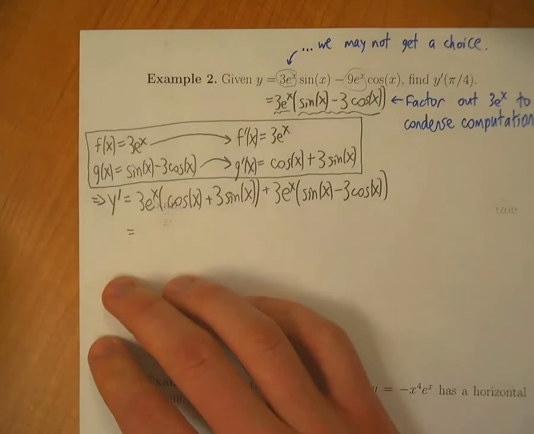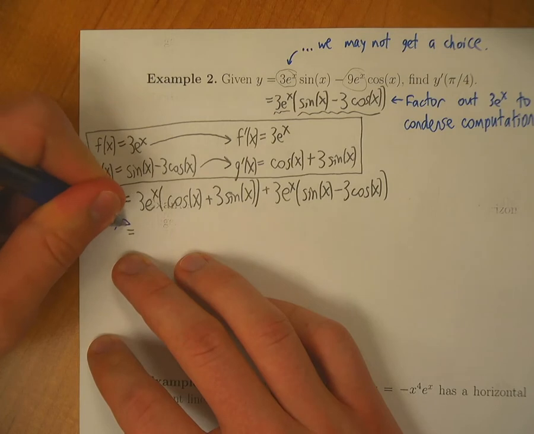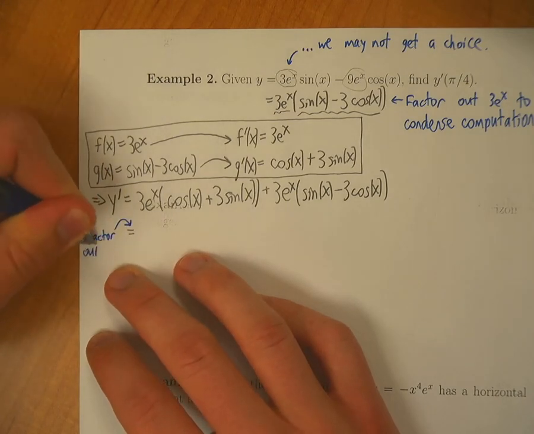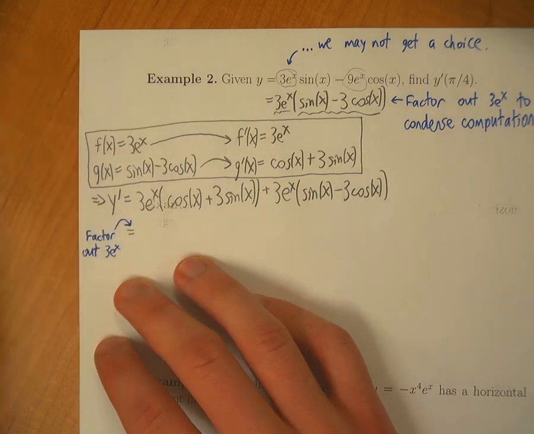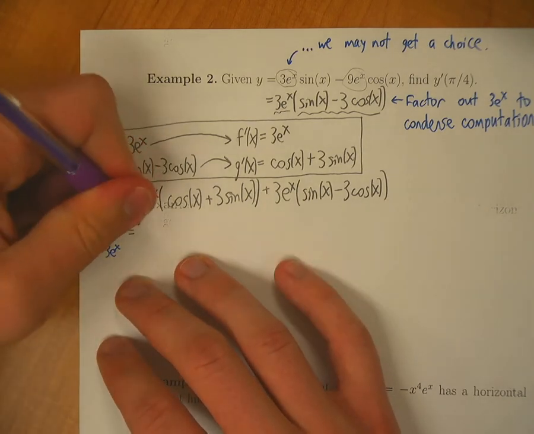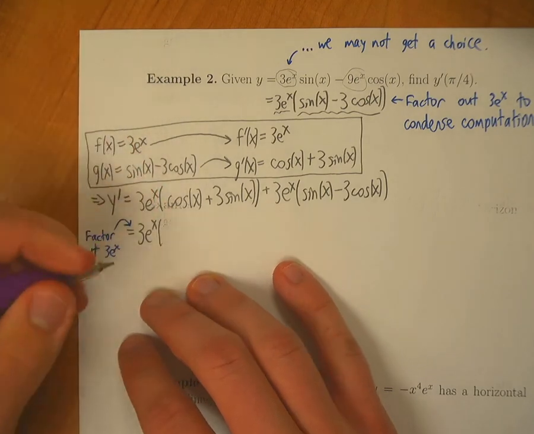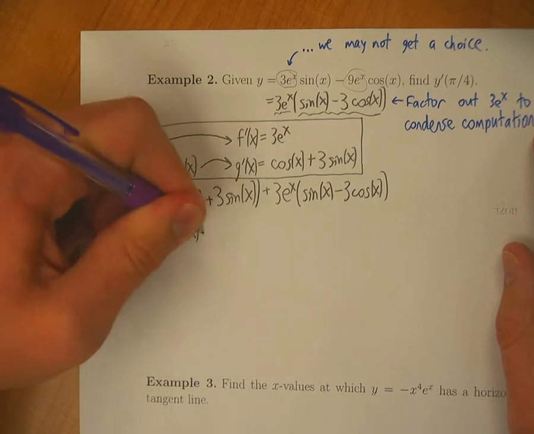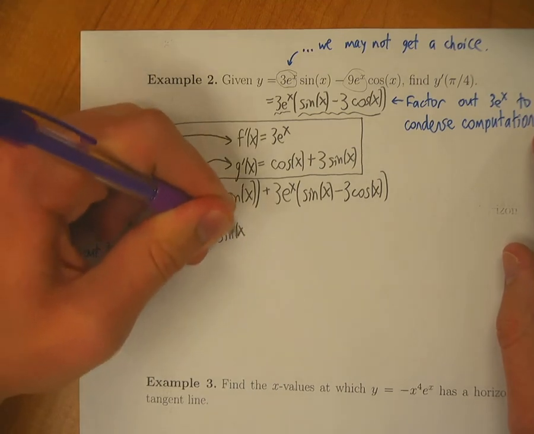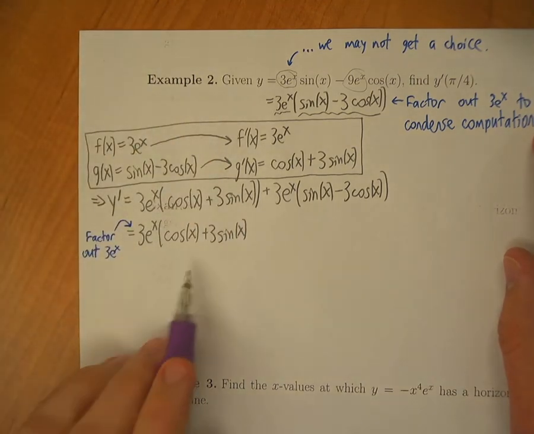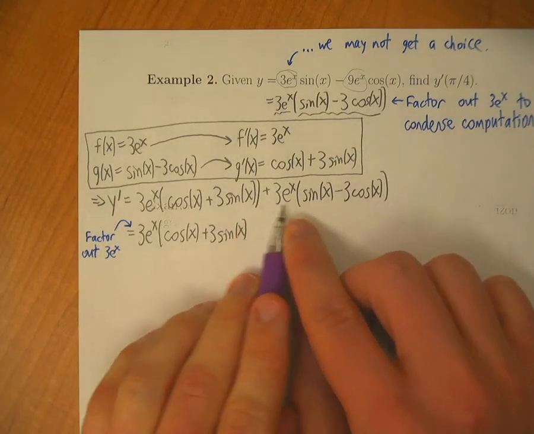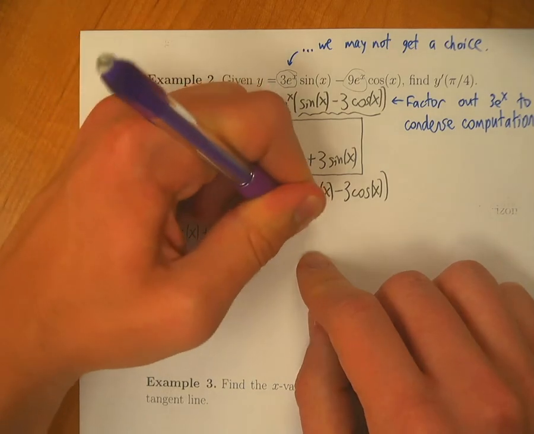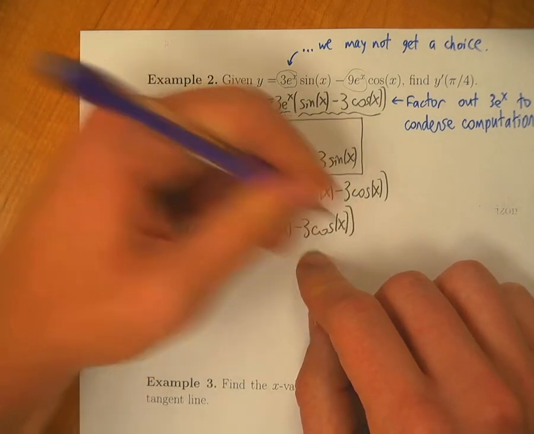So let's factor that out. We have 3 times e to the x times cosine of x plus 3 times sine of x, and then plus sine of x minus 3 times cosine of x. All right?